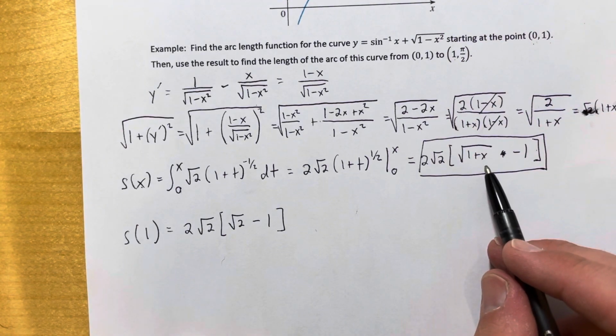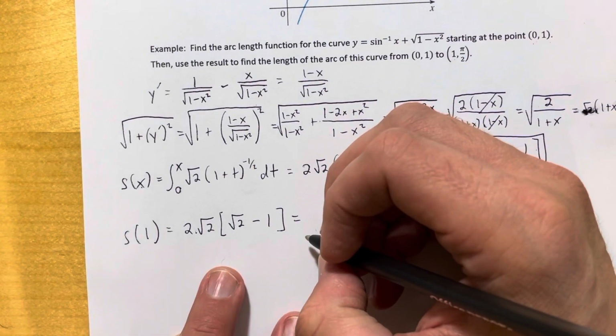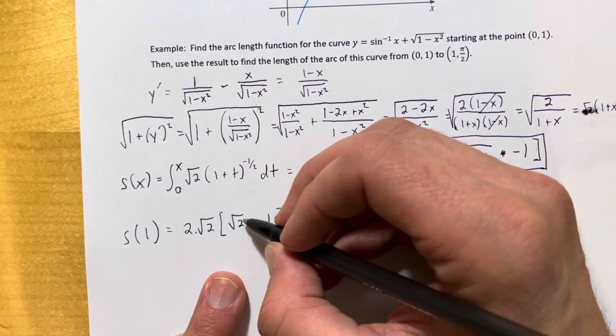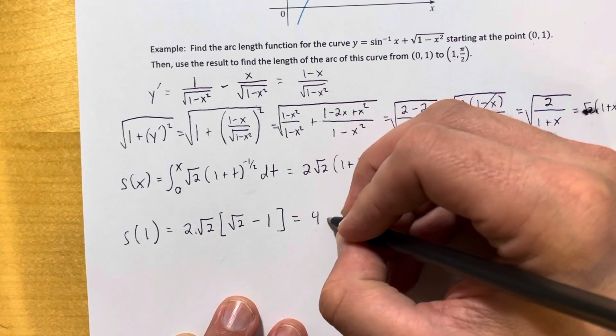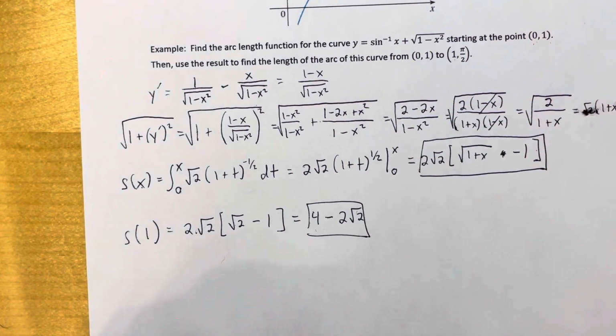You can see where the x got plugged in. At this point, I can just distribute things in. If I distribute that root 2 in, I'm going to get 2 root 2 times root 2, which is 4, minus 2 root 2 as a final answer.